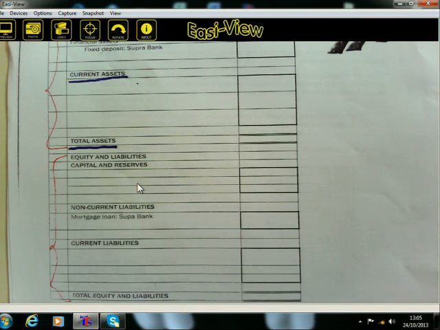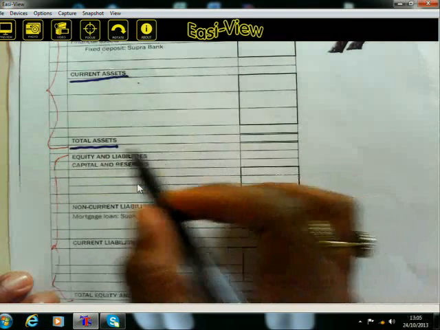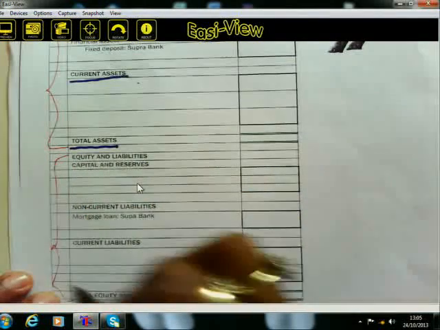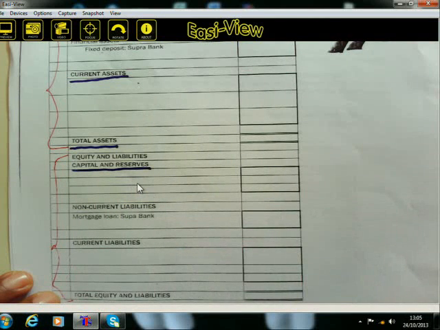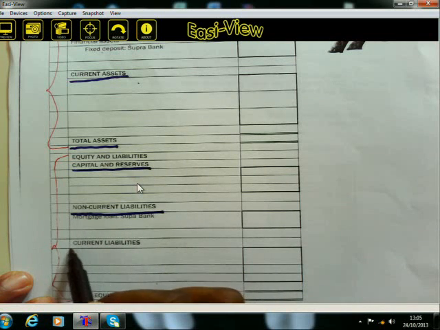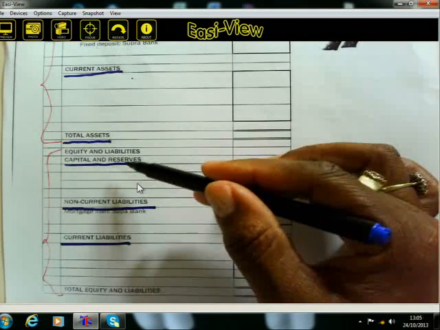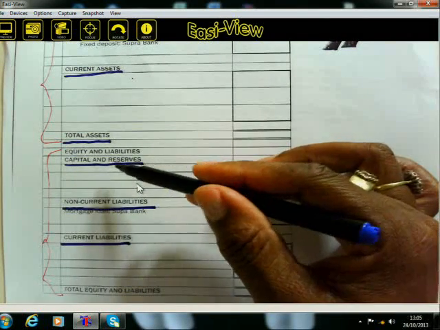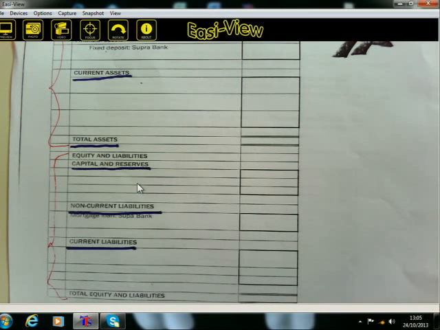Now coming to the second section, the equity and liabilities section. Here we consider the capital and the reserves, and then the non-current liabilities as well as the current liabilities. Under equity, we'll consider the ordinary share capital and the retained income.